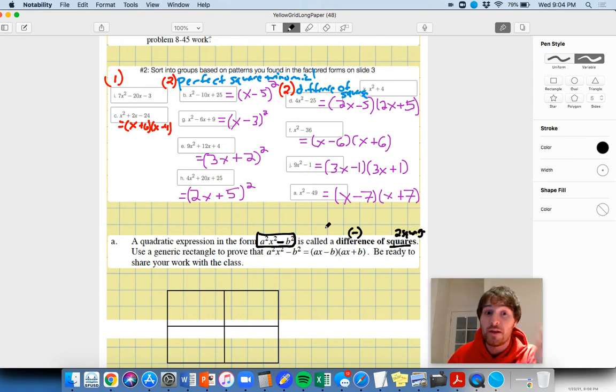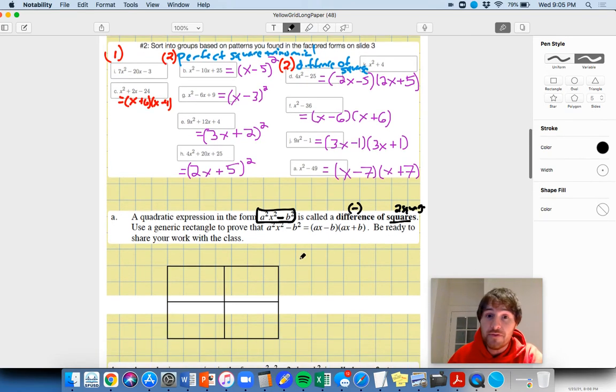We can factor something really quickly. It factors to this pattern: a factor times the same factor, you just flip the signs of the second one. And I'll prove to you that this works out right now.